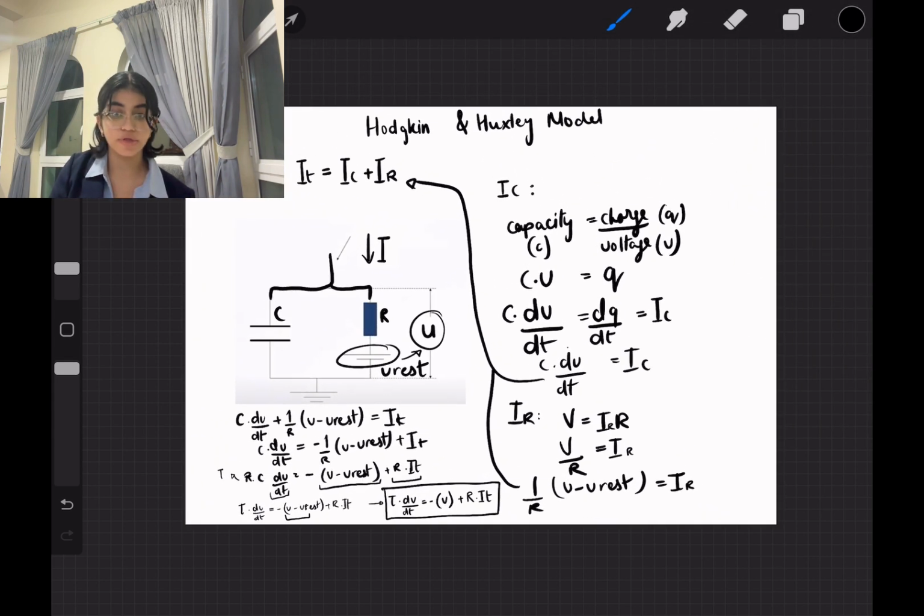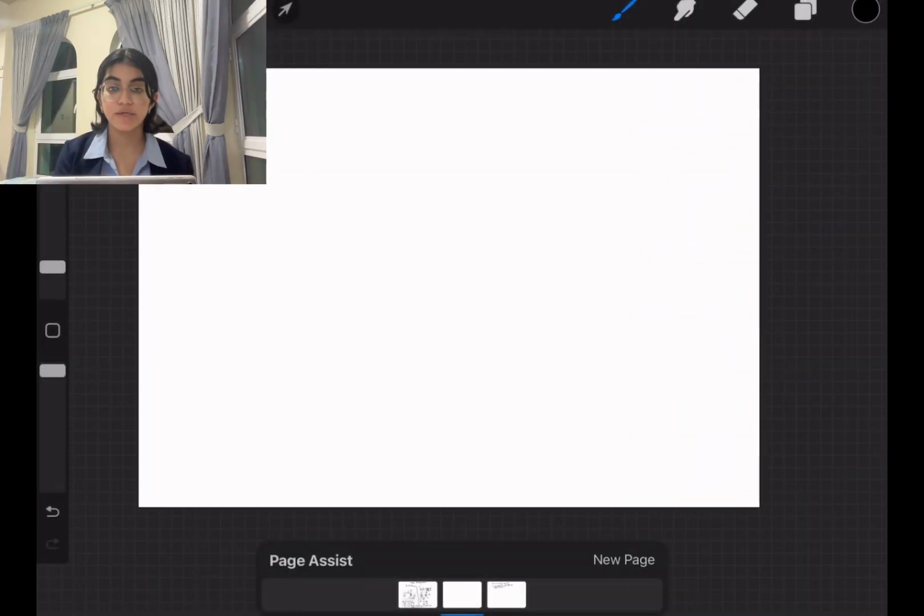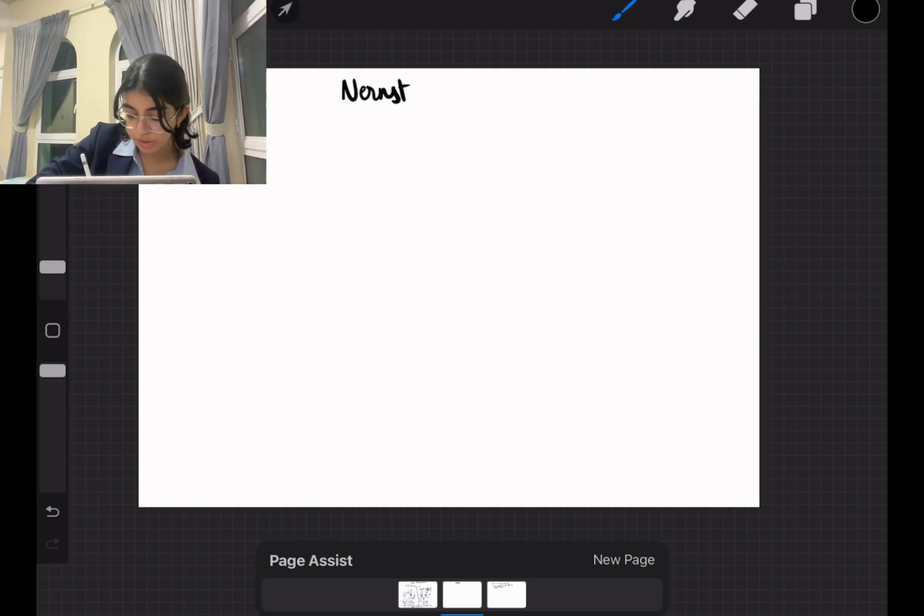Now let's move on to the Nernst equation. This equation can be explained with the help of a diagram of the cell membrane of a neuron.